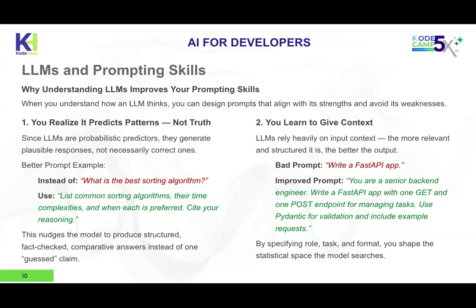So it's not really intelligent in that sense, even though by the time you look at all the data it has been trained on, it will exhibit intelligence. Effectively, a large language model predicts the next word. When you understand that, you realize it's predicting patterns it has seen in its training data. So it's not really telling you the truth. It's telling you what it has learned from its training data.